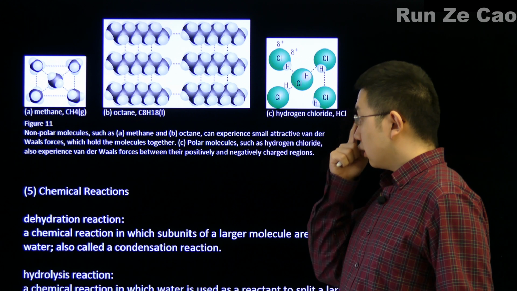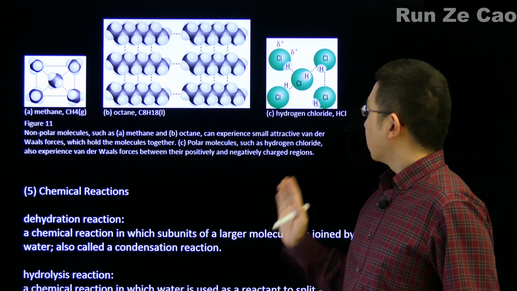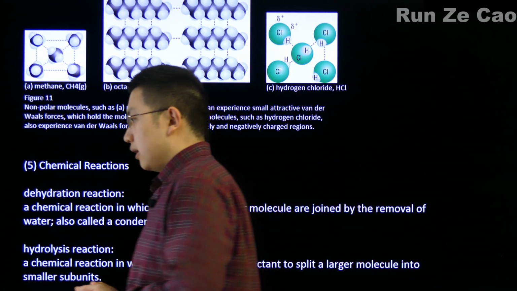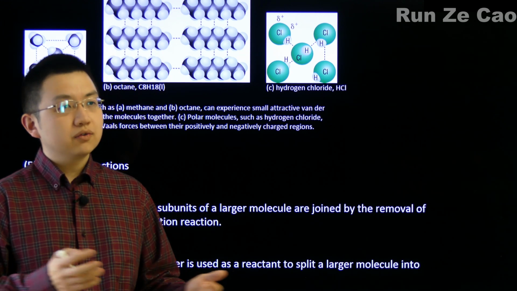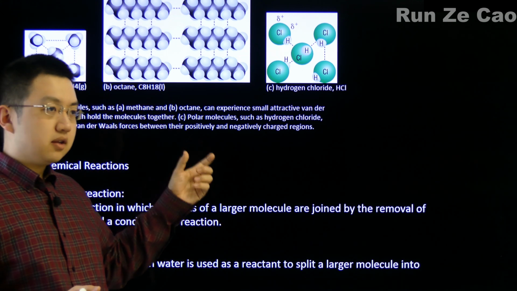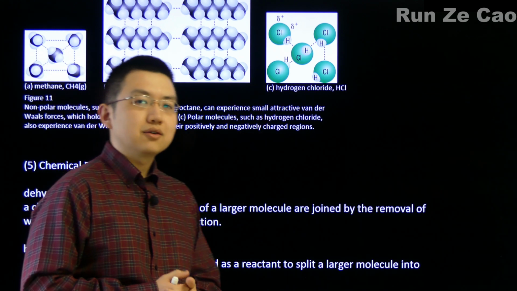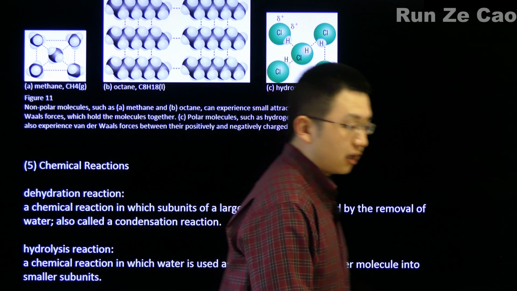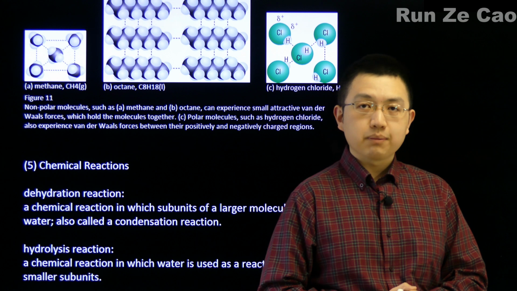Polar molecules also have van der Waals forces between their positively and negatively charged regions. But it's just that van der Waals forces are usually used to refer to random biases and random attraction, not the sort of systematic thing you have in polar molecules, where it's very steadily, oh hey, the chlorine is going to be partially negative and the hydrogen is going to be partially positive.